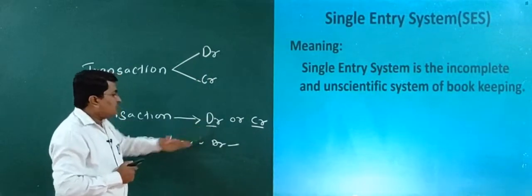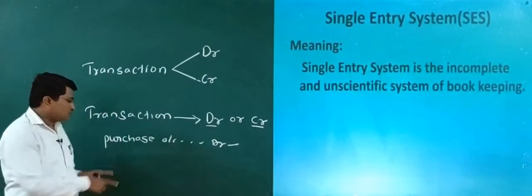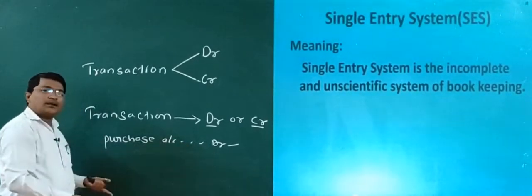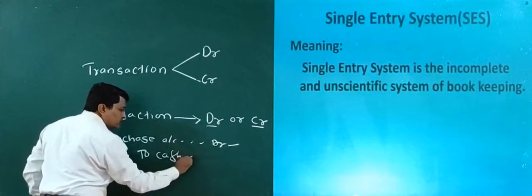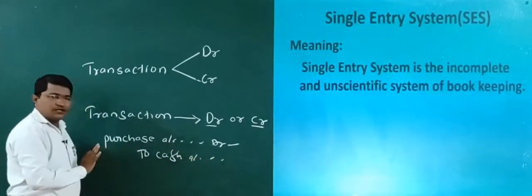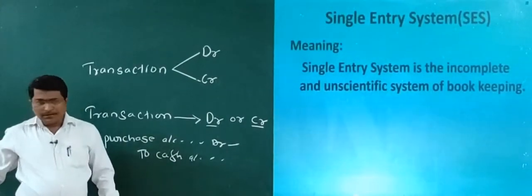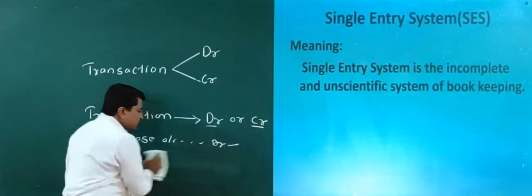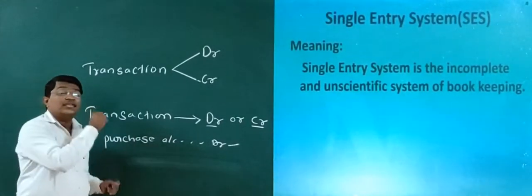But here you only pass one entry, so it is incomplete. How does it become complete? When you write here to cash account, then it becomes a complete entry. But now we have written only one entry, so it is incomplete.